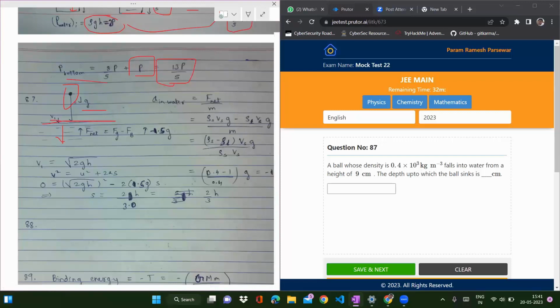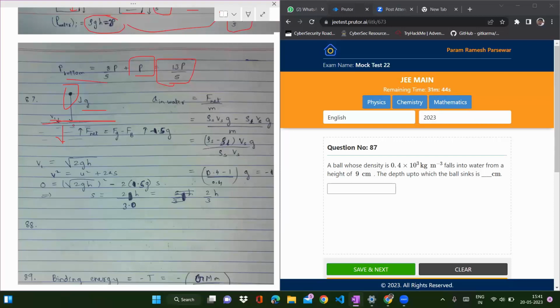So as it falls, we will consider V1 as the velocity just when it touches the water. Till it comes to the water, it has acceleration due to gravity, g.